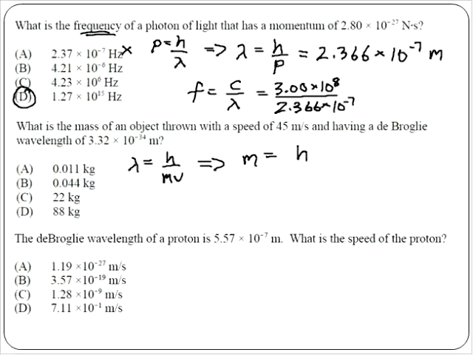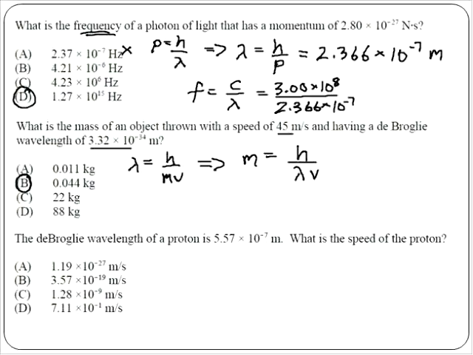So I got h over lambda times v, v times lambda. And plug in the numbers. We're given everything, right? We're given the v. We're given lambda. h is a constant. So when you put all those numbers in and do the calculation, there's the answer you'll get. 0.044. Okay, if you don't believe it, go ahead and try it. Plug the numbers in.